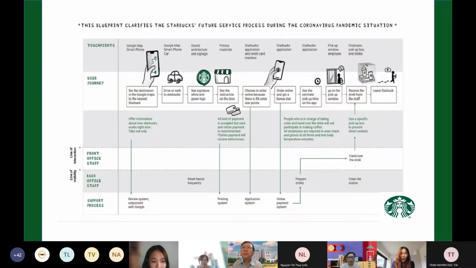Due to the coronavirus outbreak, Starbucks is going to set up an online payment system to encourage their consumers to make online payments rather than face-to-face contact, and the consumer can receive an extra bonus when a transaction is completed.